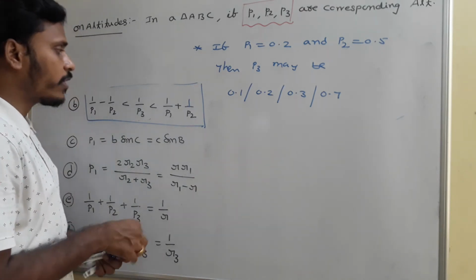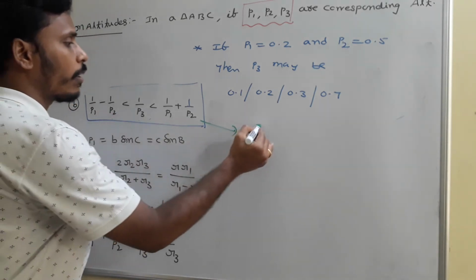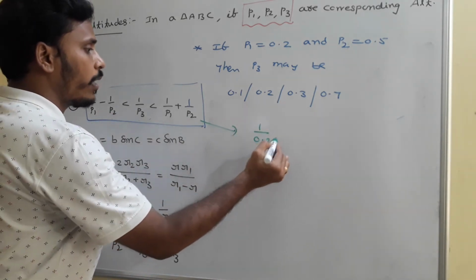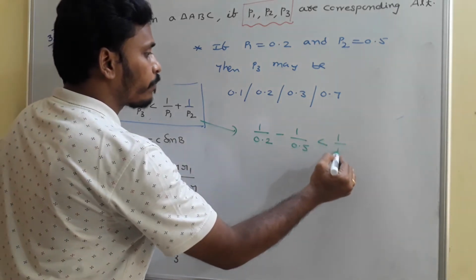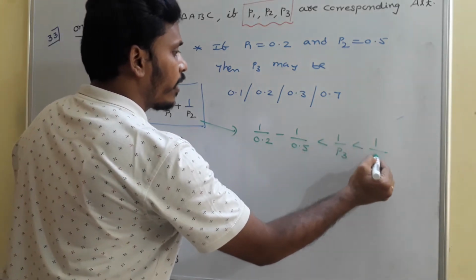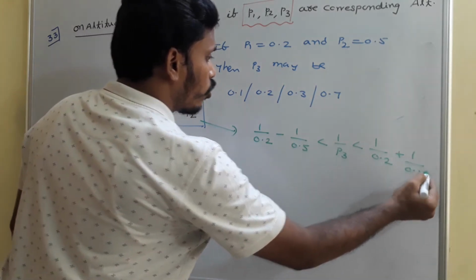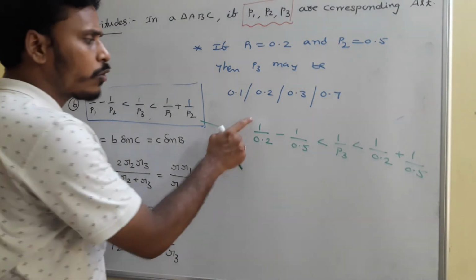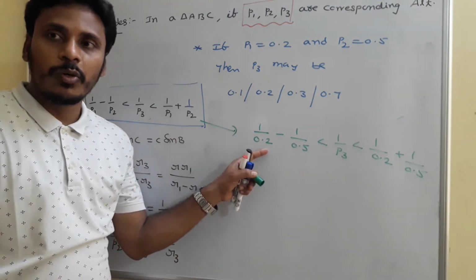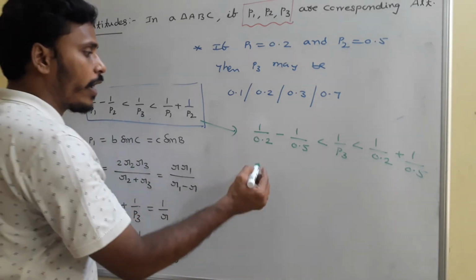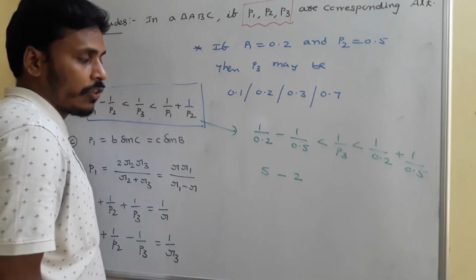So, from the proved statement, 1 by 0.2 minus 1 by 0.5 is less than 1 by P3 is less than 1 by 0.2 plus 1 by 0.5. Just think about it. What do you say about 1 by 0.2? 0.2 is 2 by 10, 2 by 10 is 1 by 5, and this value is 5 directly. And 1 by 0.5 value is 2. I think you know it.